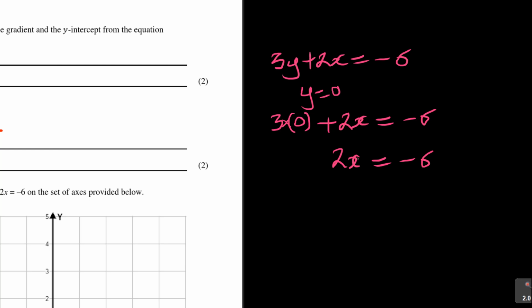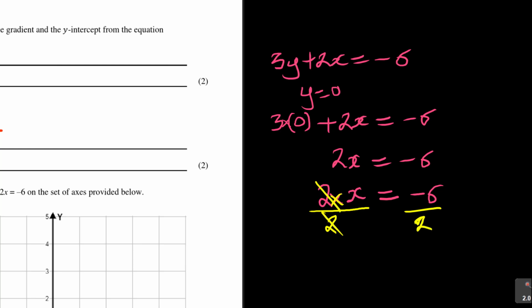Then how do you separate x from 2? Look, this is 2 times x. You see, 2x means 2 times x is equal to minus 6. Now, what is the opposite of multiplication sign? You can only do the opposite, which is the division sign. So you divide by 2, you divide by 2. I'm using 2 because that's what we don't want there.